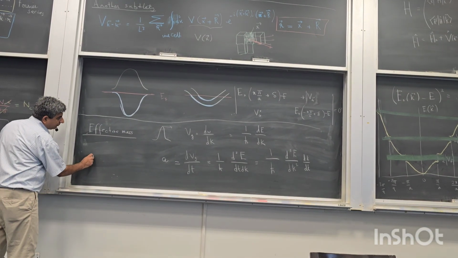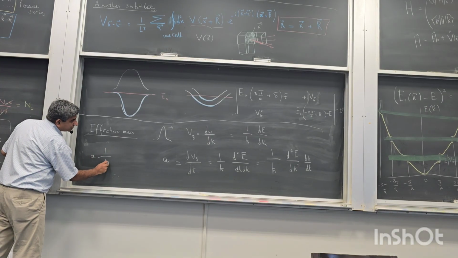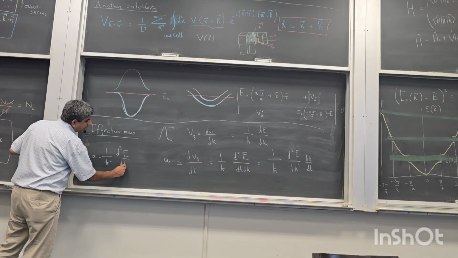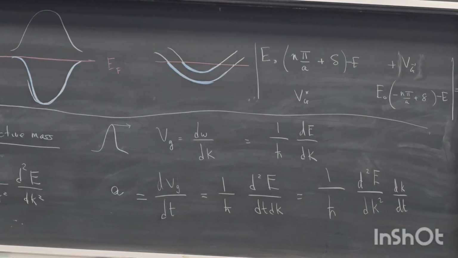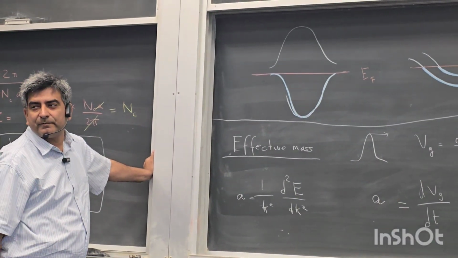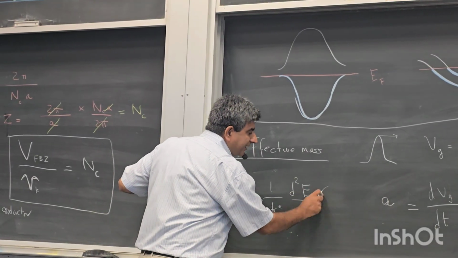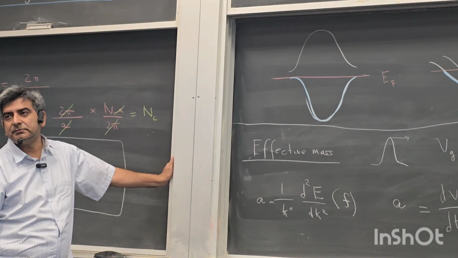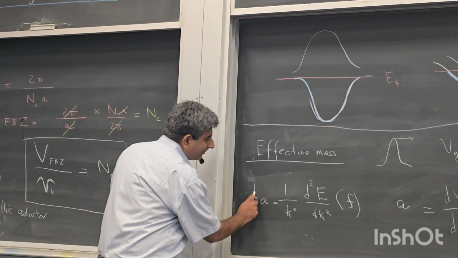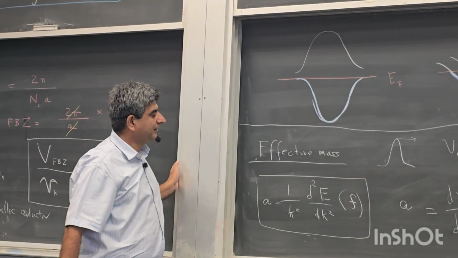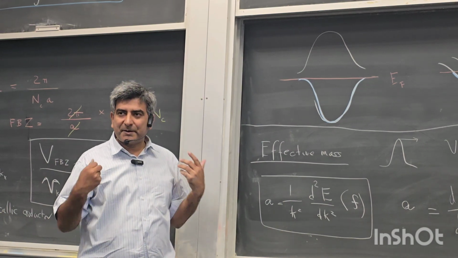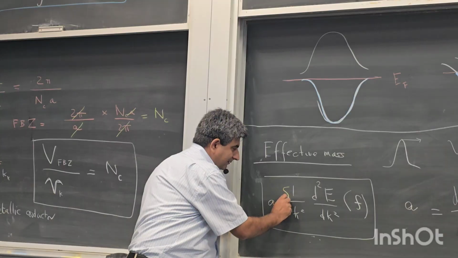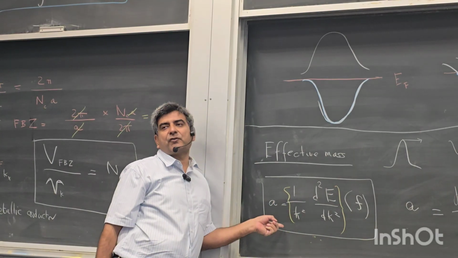So a equals 1 over h bar square d square E dk square, times the derivative of momentum dp by dt, which is some force. So first of all, dimensionally this term here is the inverse of mass.